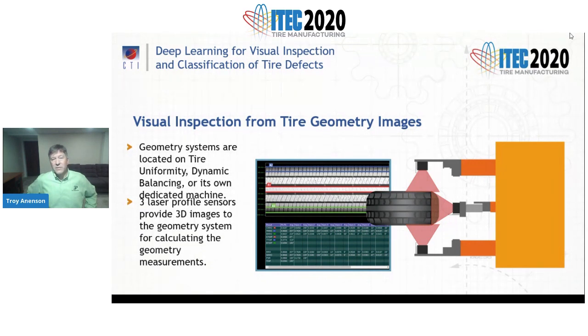And typically they have three sensors covering the two sidewalls and the tread, and they collect measurement data in 1 revolution, or 1 second. The tire geometry system provides typical geometry measurements: bulge, depression, lateral runout, radial runout, wobble, etc., to the machine's control system, which then uses them to provide final grading results about each tire.